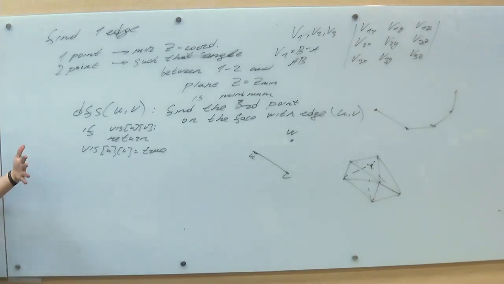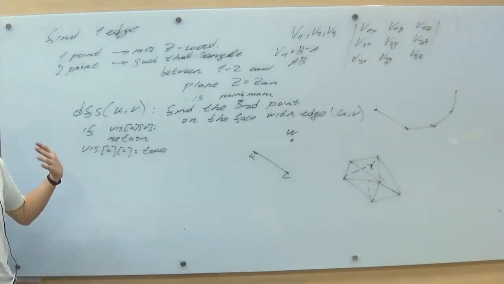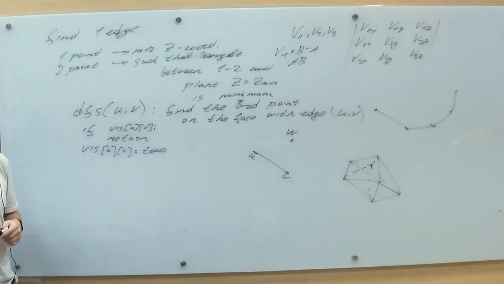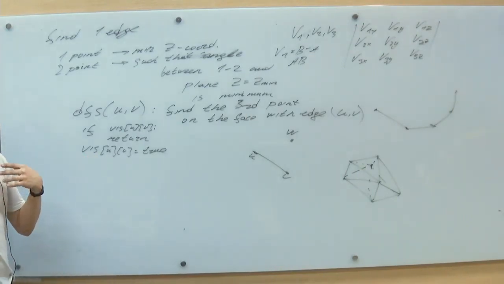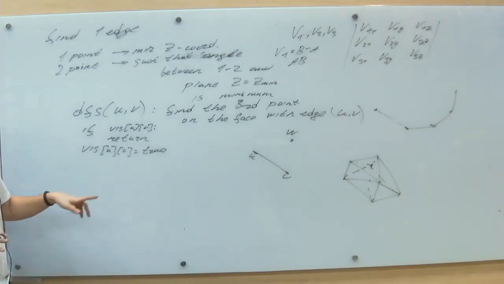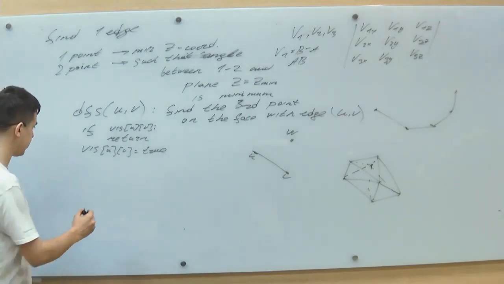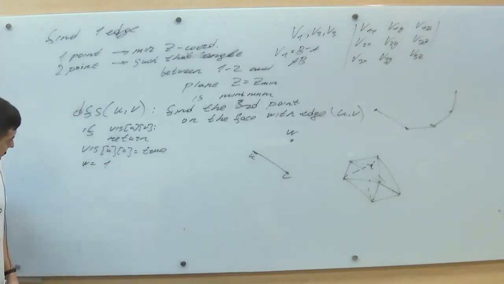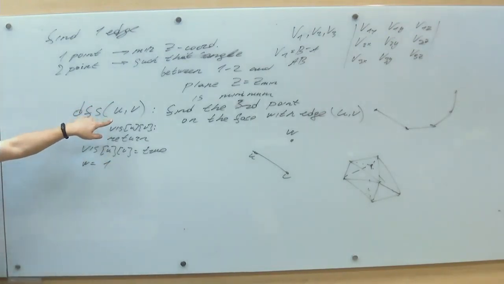For example, there are cycles, and we can arrive at the same edge in multiple ways. So we mark this edge as visited. We'll take some arbitrary vertex of the convex hull first. So W is equal to 1. Well, 1 might be equal to U or 1 might be equal to V.